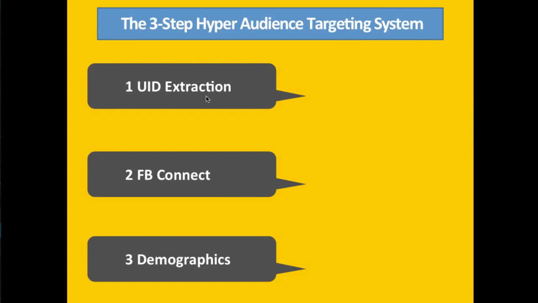Now the idea is actually quite simple. Step 1 is your classic user ID extraction step. Then you send these people that you extracted from step 1 to a landing page with Facebook Connect in step 2. Now Facebook Connect is simply a Facebook app that captures data about the person opting in. So information like name, email, gender, page likes, groups, and so on.